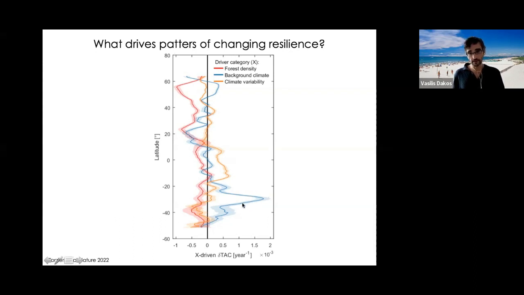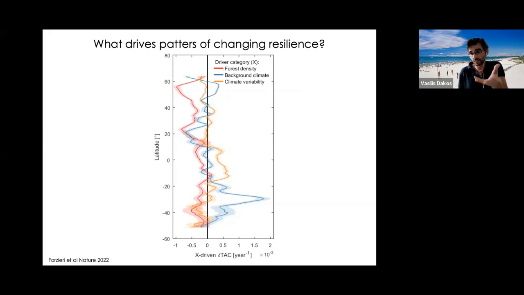But you see that the background climate was quite a strong driver for positive changes in autocorrelation, and climate variability, like the variability I pinpointed to you with that modeling slide, seems to have a very strong effect on forest autocorrelation around the tropics, basically the Amazon basin. So this already starts to give us some understanding of which drivers to focus on in trying to understand changes in resilience.